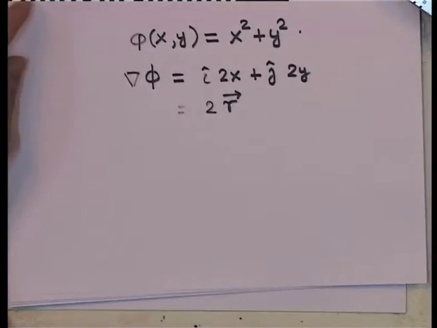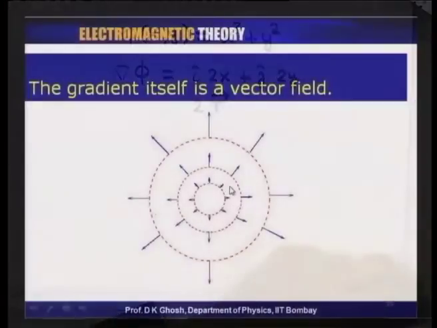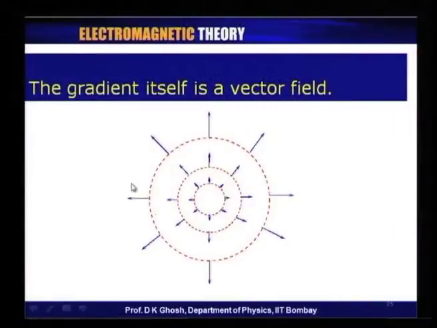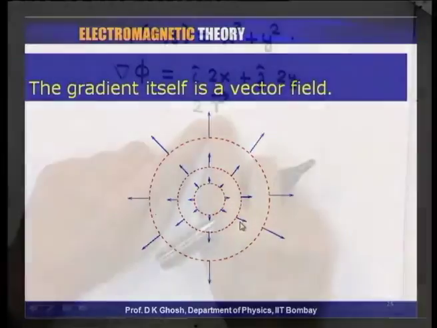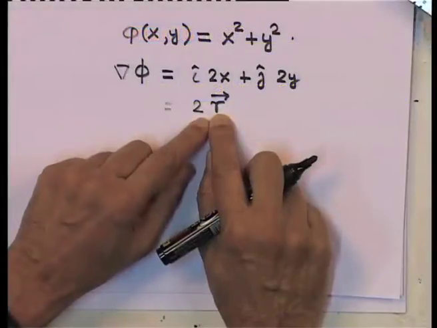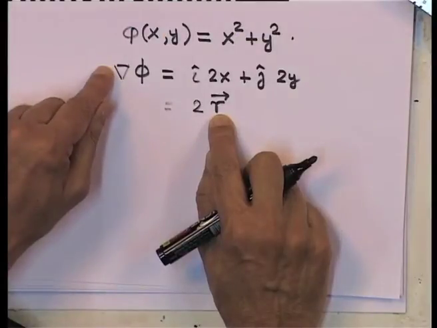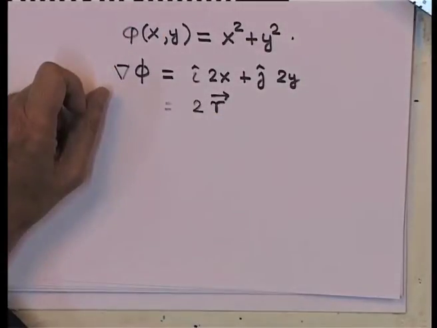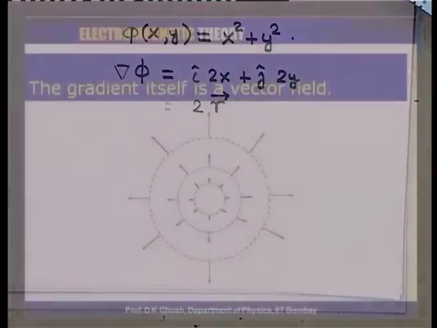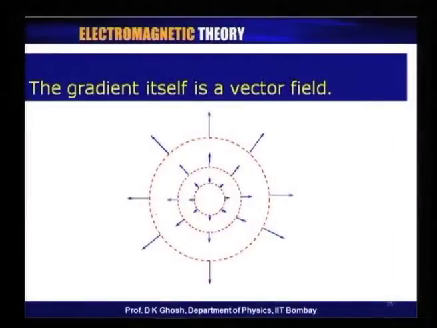This is what is shown here. I have chosen 3 circles as representative circles, and you notice that as the radius of the circle increases, the gradient increases. In this picture I have shown these as radial vectors: when the circle is smaller, the vector magnitudes are smaller, and they are radial.